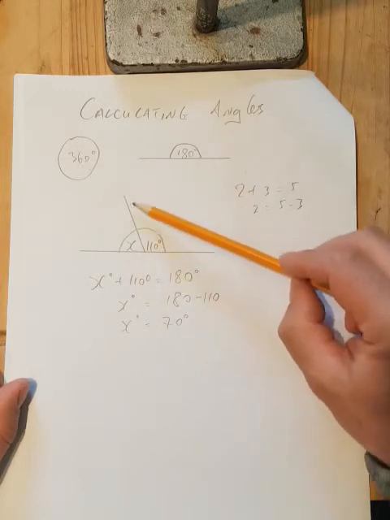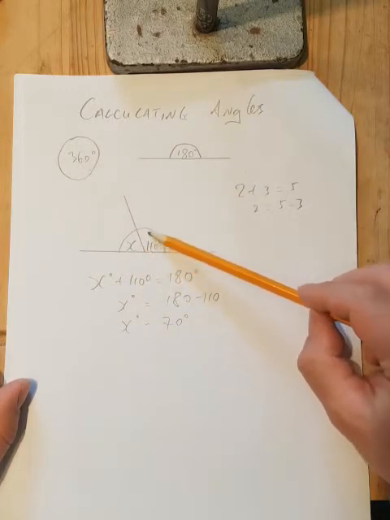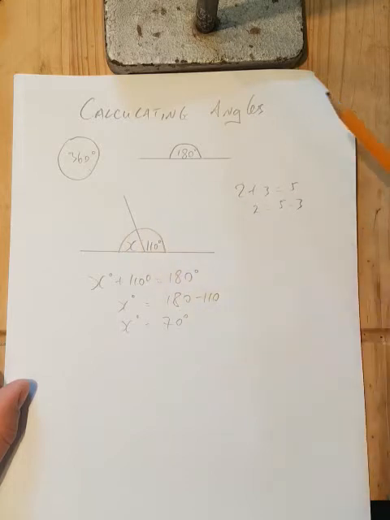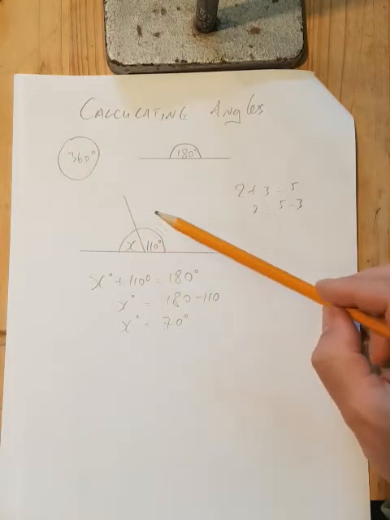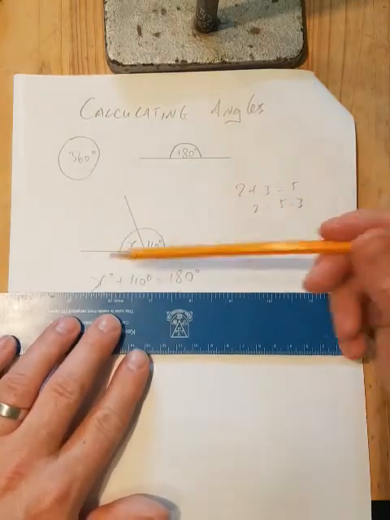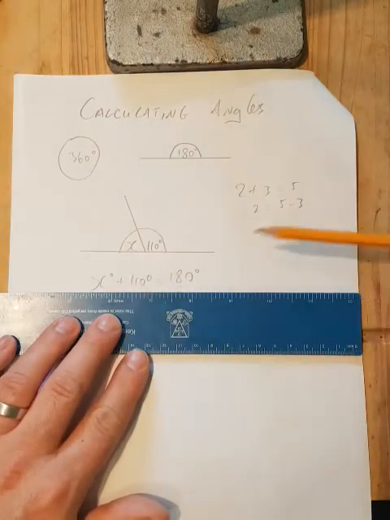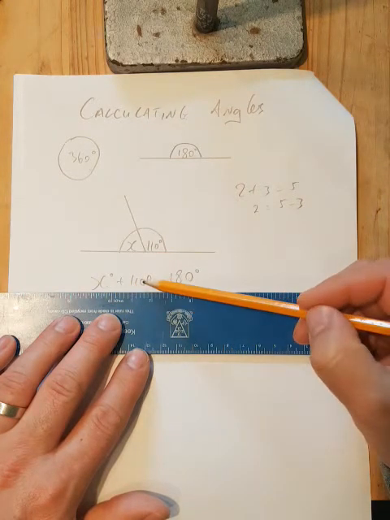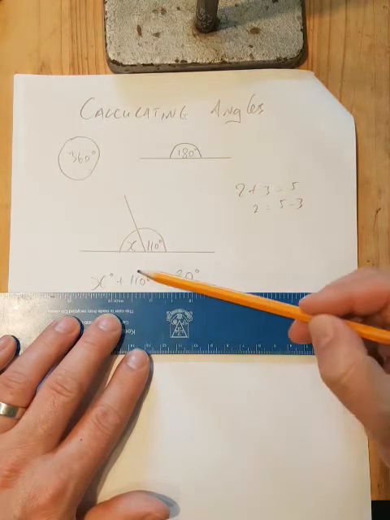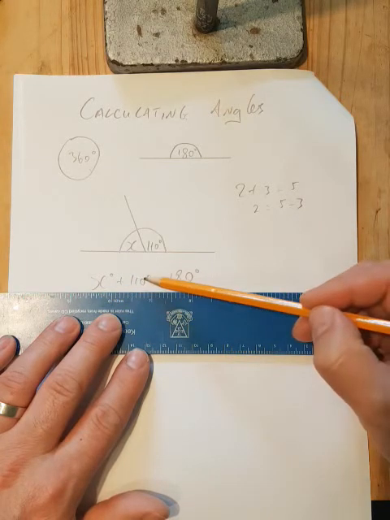I've got a straight line angle divided into two, an angle of 110 degrees and another unknown angle of x degrees. Well, we just said a straight line angle is 180. So therefore, we can say that x plus 110 degrees is equal to 180. Well, if x plus this is equal to this, then we could say that x is equal to this minus this.